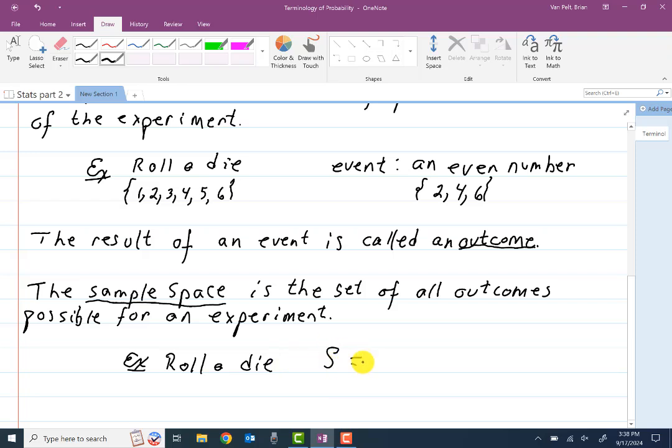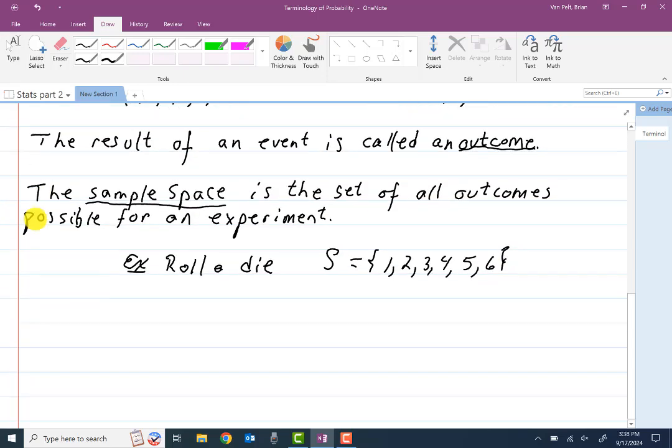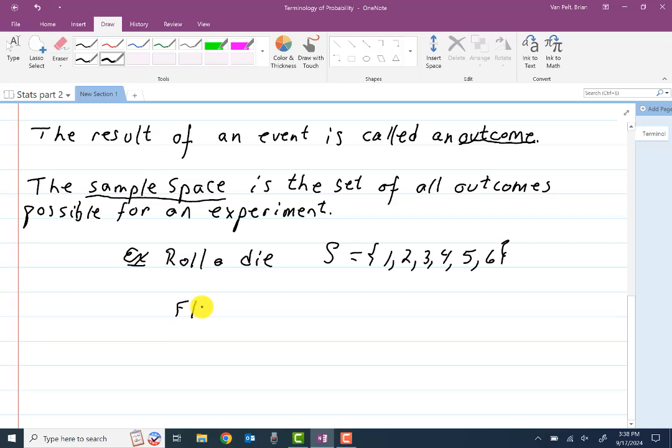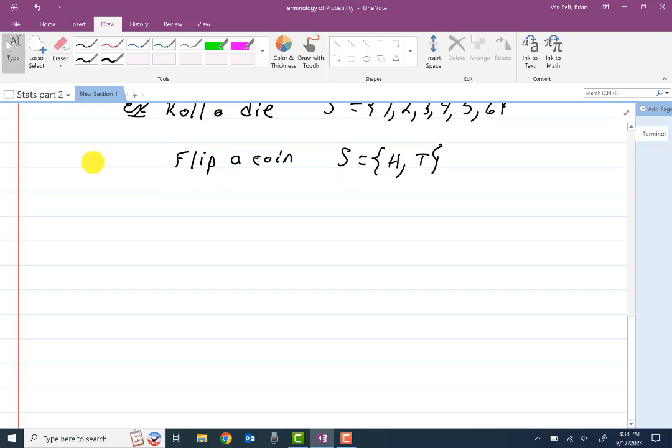So we have S will equal, the outcomes are 1, 2, 3, 4, 5, and 6. Flip a coin. Sample space for that is just going to be heads or tails. If you draw a card, then there's 52 possibilities in a deck of cards. Another thing we could say about an event is any kind of possibility. An event is just a collection of outcomes.